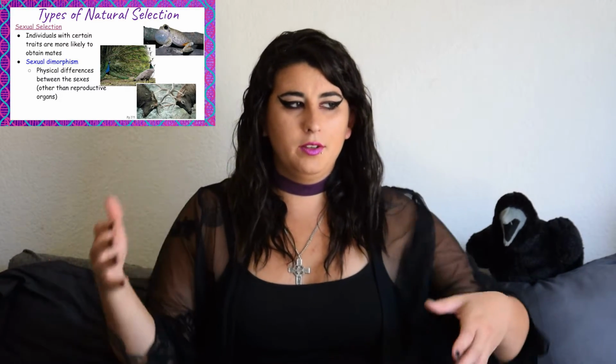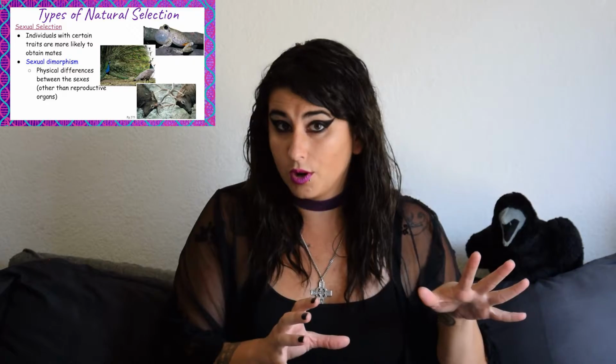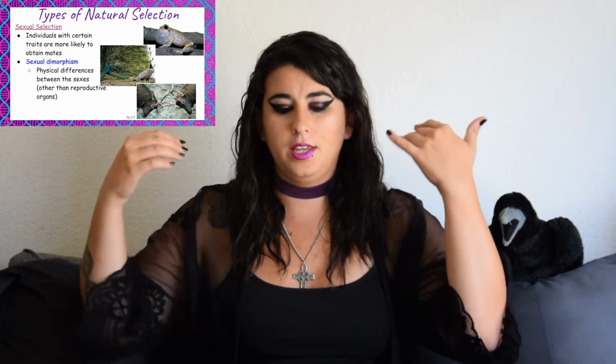One of the main ways this goes about is because we'll have sexual dimorphism in species. Sexual dimorphism is just physical differences between the sexes, other than differences with the reproductive organs, of course. It's the beautiful plumage on the peacock, whereas if you look at the peahen here, she's quite plain.